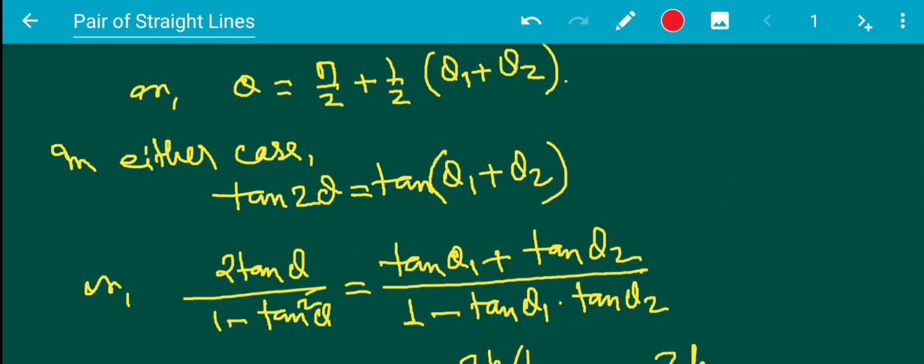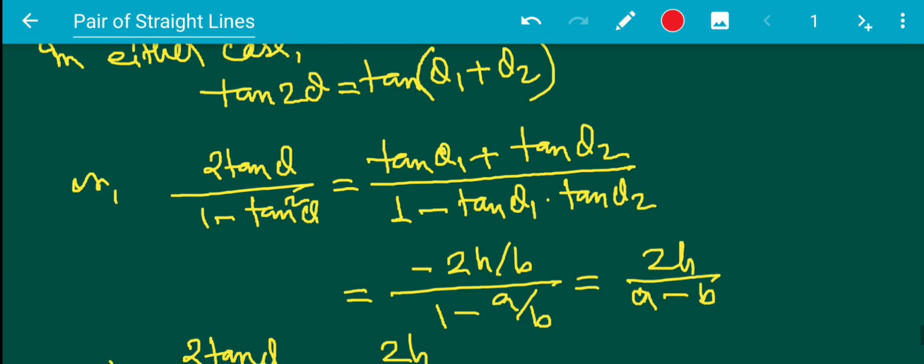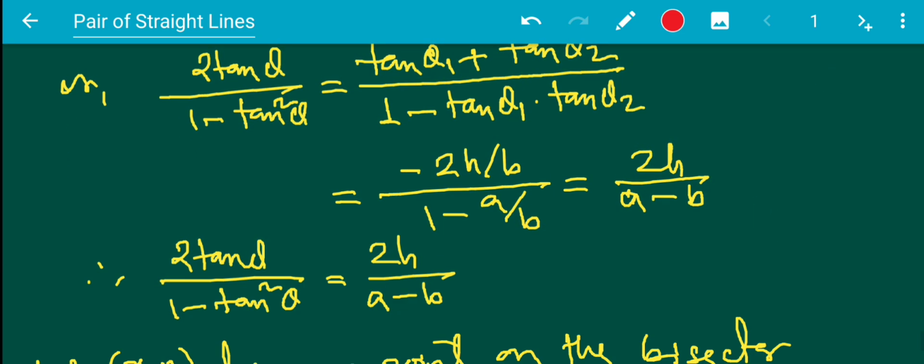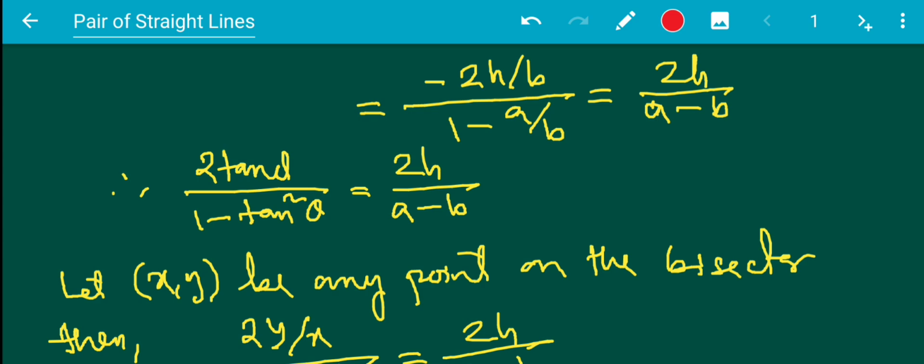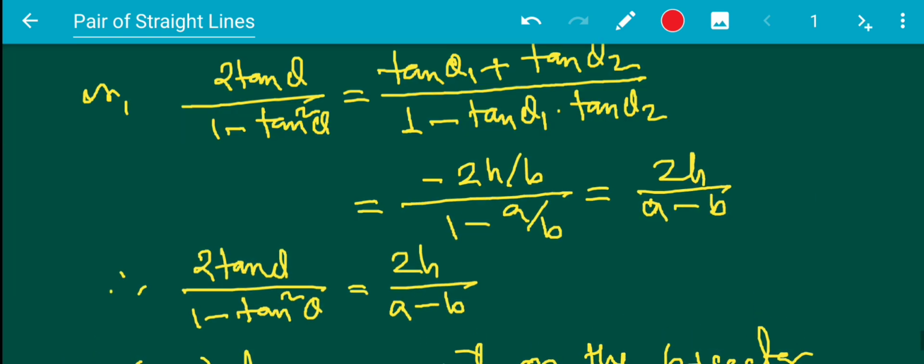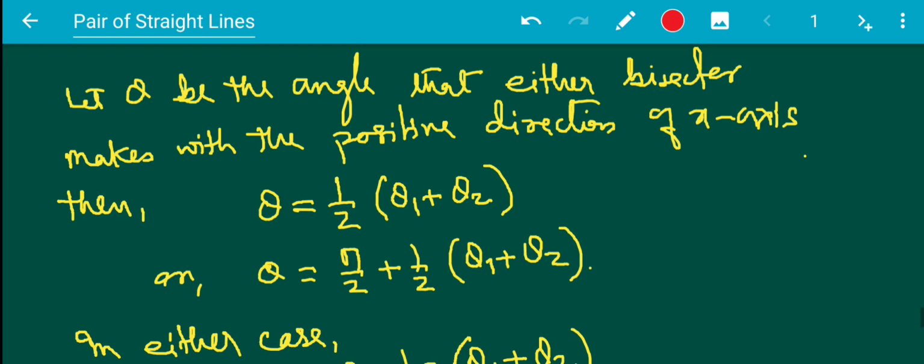Or tan 2 theta can be written as 2 tan theta by 1 minus tan square theta, and here I can write tan theta 1 plus tan theta 2 by 1 minus tan theta 1 tan theta 2. Okay, putting these values, we get 2 tan theta by 1 minus tan square theta is equal to twice h by a minus b. Okay, now taking any point on the bisector, so let x y be any point on the bisector, then I can explain this to you using this diagram.